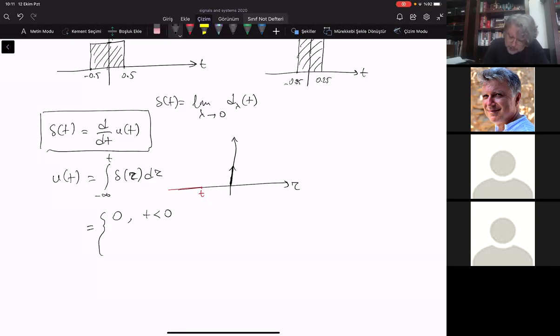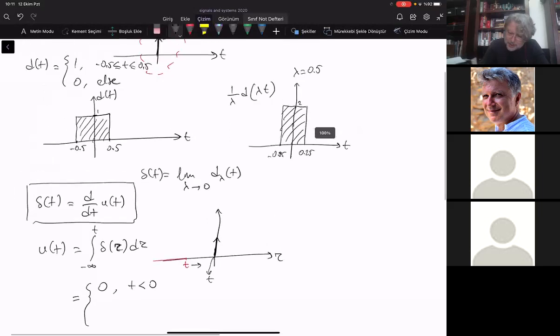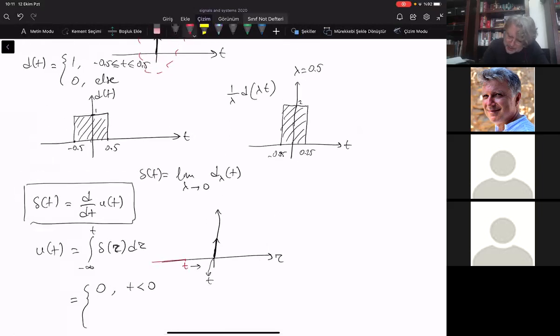So now let's move this t up to a point exactly here, 0. Over there, what will be the integral? So now I will show it here. This is where t is, and I'm integrating. When I integrate, everything up to here will be just zeros.